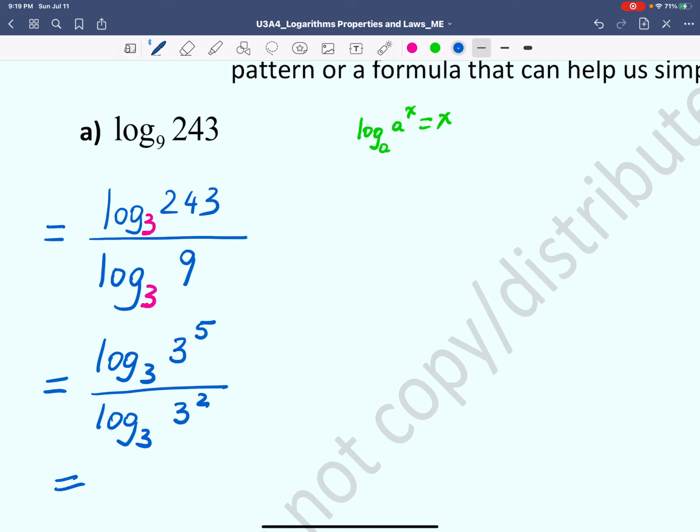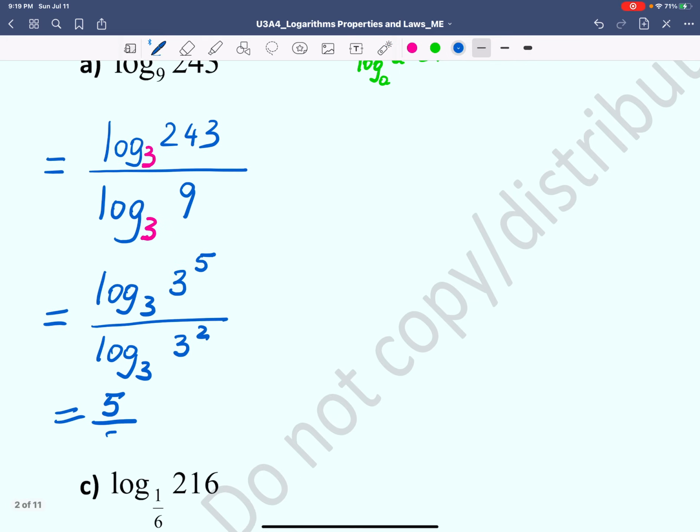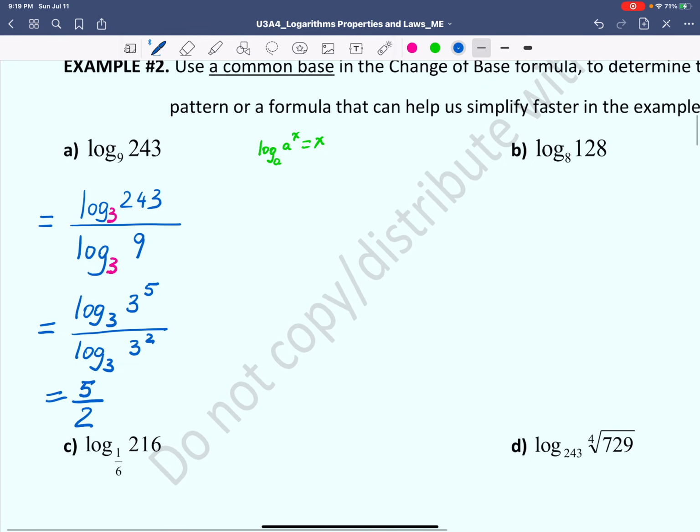Remember that when the bases match, the answer will be just 5. And down here in the denominator, we have the same pattern, the bases match, then the answer will be 2. 5 over 2 is the answer, and we didn't even use a calculator for it.